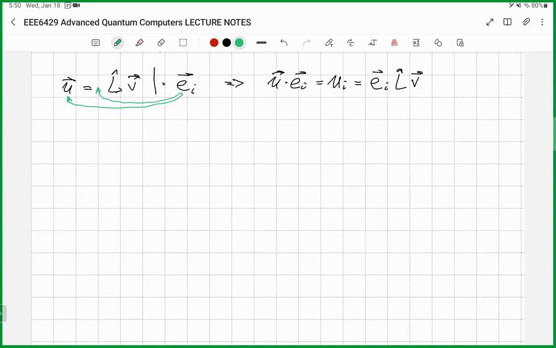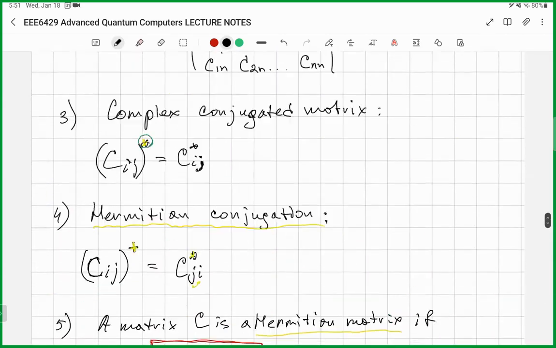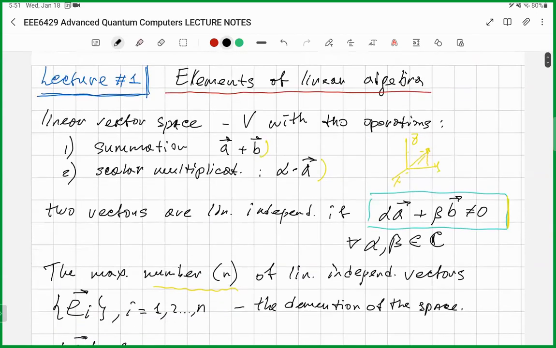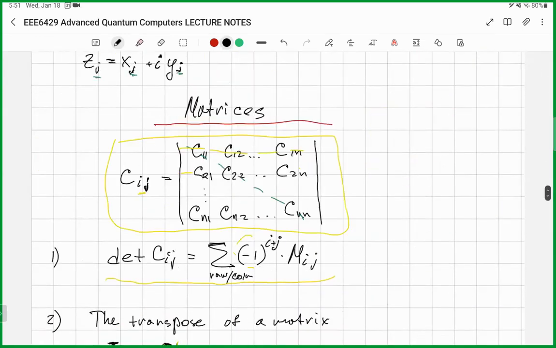Very good. So now I can represent my vector V as the sum. Basically, I'm using the formula from the very beginning, the representation of a vector as the sum of its projections on the basis vectors.